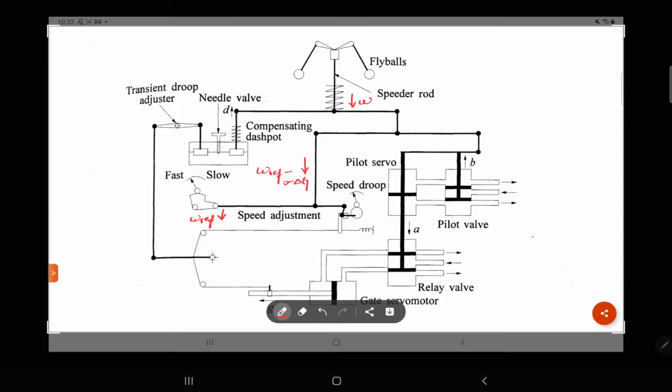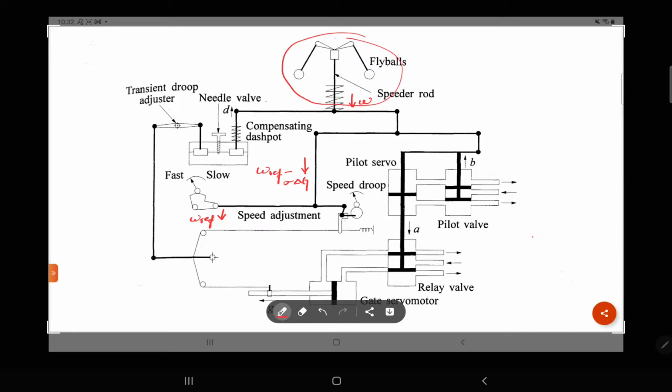So this is the simple diagram of the hydraulic governor, in which there is mechanical control. The speed governor is essentially a mechanical transducer, which transforms the shaft speed into a position output. Here you can see the fly balls.